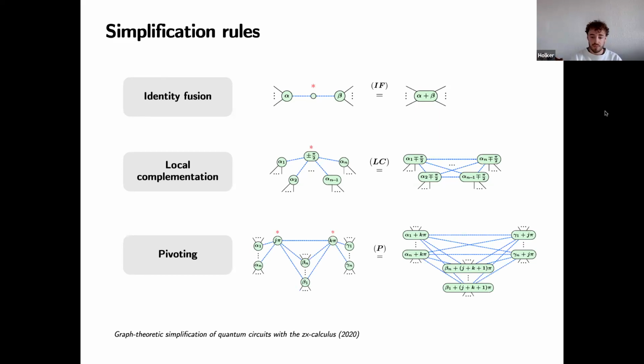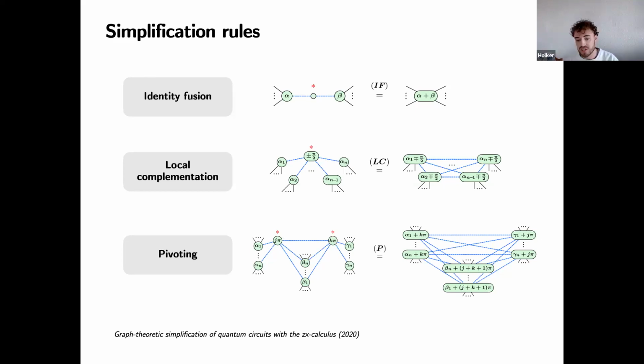And then the final rule, which were the main rules that I use here, is pivoting, which allows you to remove two spiders with integer multiple of π phases, and then you complement the edges between the three different sets of neighbors: the set of neighbors only connected to one of the spiders, the set of neighbors only connected to the other spider, and the set of neighbors which is connected to both spiders.